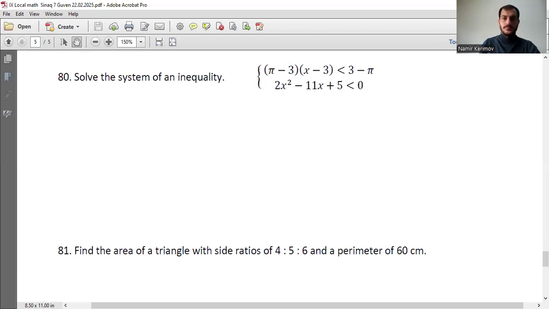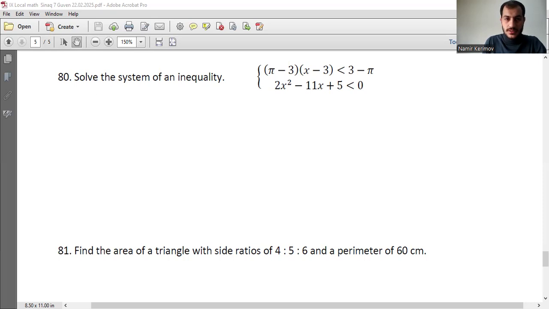In 80, so for the first inequality, we can see that pi minus 3 and 3 minus pi have a relation. They are same. I mean, if we take this to the left side, that will be pi minus 3 times x minus 3 plus pi minus 3 less than 0. So as you see, pi minus 3 is same number.